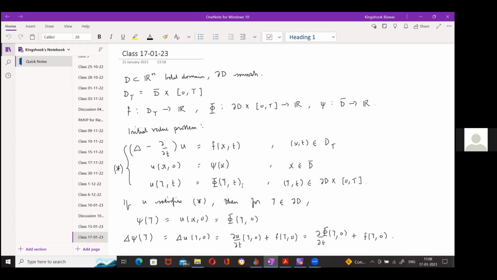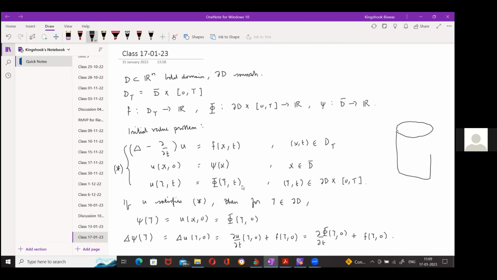So why am I taking this data? Because you can see that by the parabolic maximum principle, if a solution to this initial value problem exists, then it is unique. Why? So here's my cylinder. This initial condition gives me the value of a solution on the bottom, and this boundary condition gives me the value of a solution on the vertical sides.